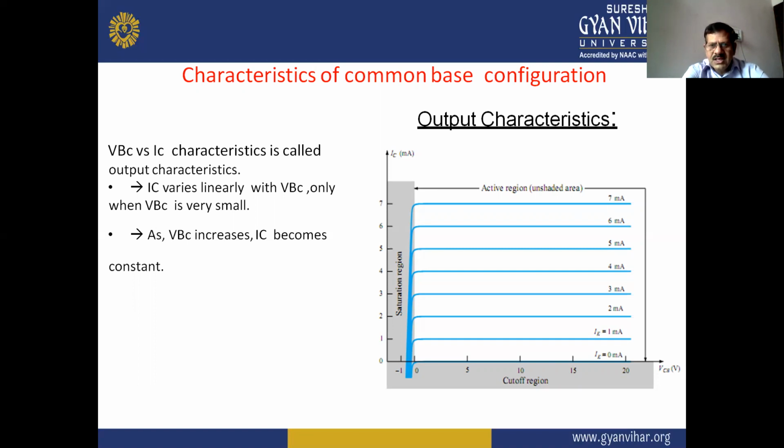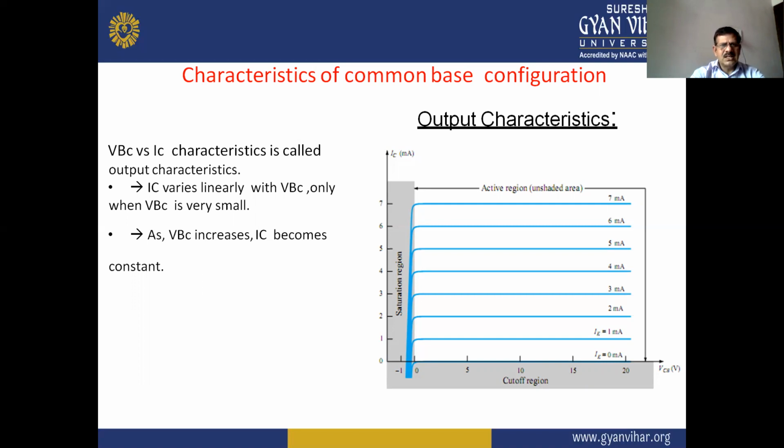We see in this output characteristics that three regions are represented. The first region is the cutoff region, the second is the saturation region, and the third is the active region.